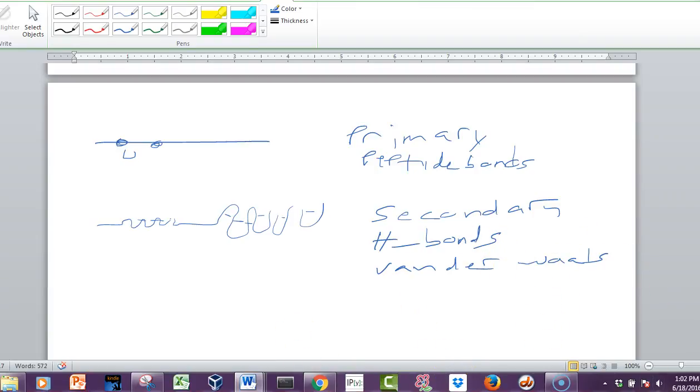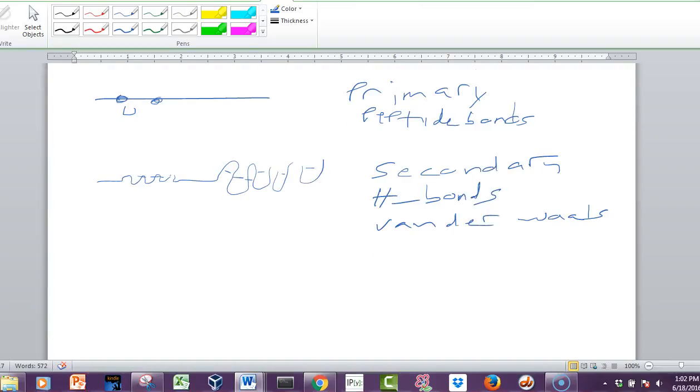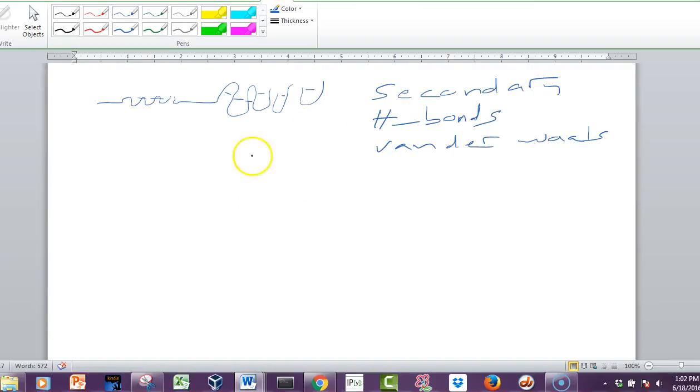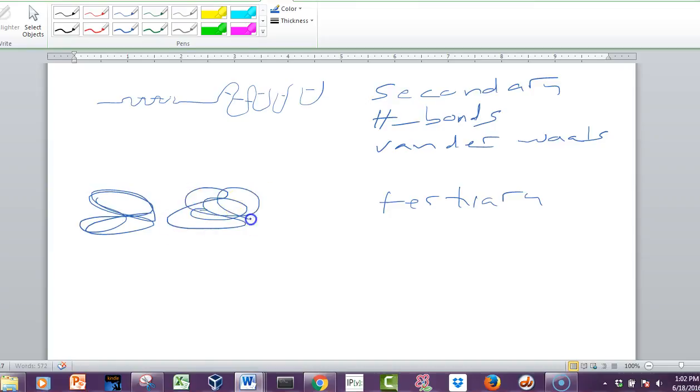And then it's going to fold up into a tertiary structure, like this. And if you have multiple polypeptide subunits, we call it the quaternary structure.